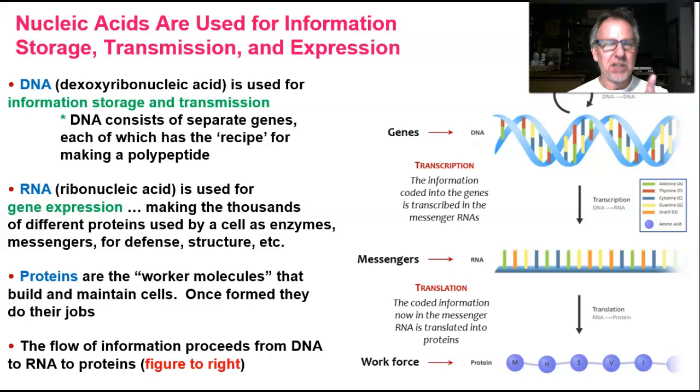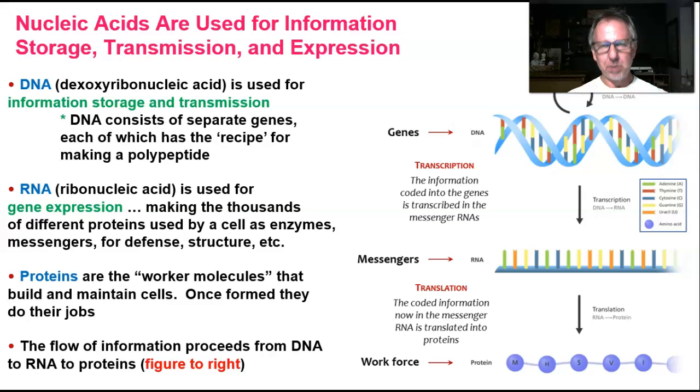Now let me mention to you an example or analogy of information expression. What I think of is a cookbook that's full of a bunch of different recipes for maybe making casseroles and cakes and salads and appetizers and all kinds of things. And that's what your DNA is like. It's full of a whole bunch of recipes for making structural proteins and enzyme proteins and defensive proteins and all kinds of different proteins.